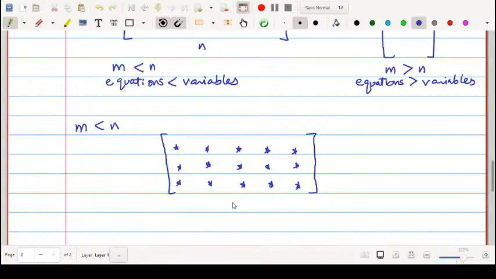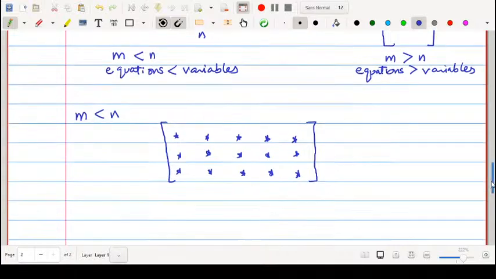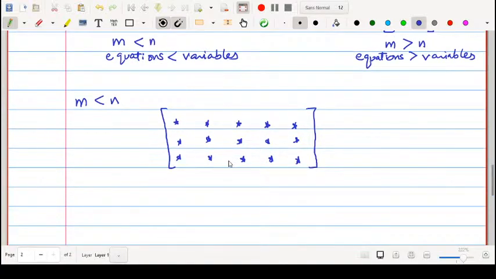You can have more, of course. Now let's ask the question, what's the maximum number of pivots I can get? If I start doing Gaussian elimination, then I can eliminate these two entries. Then this is the first pivot that I get. Then I can eliminate this entry. This is the second pivot I get.